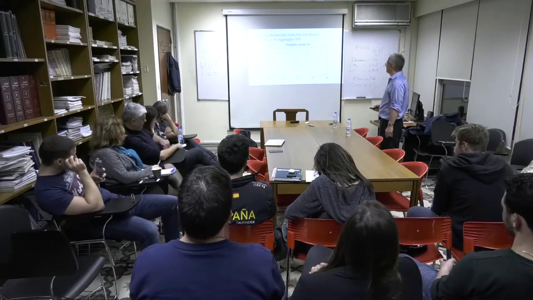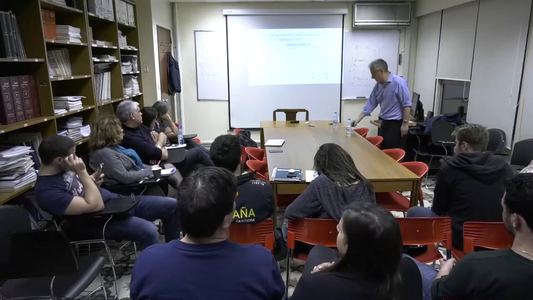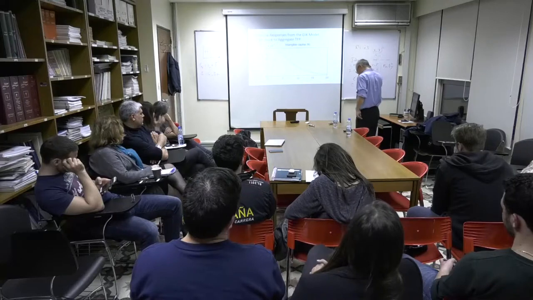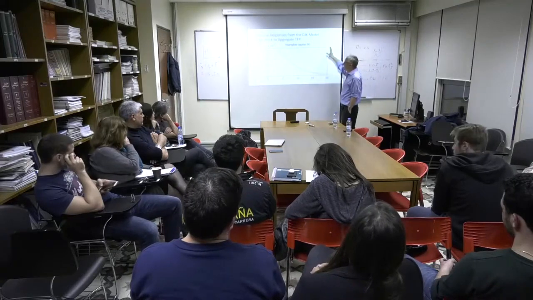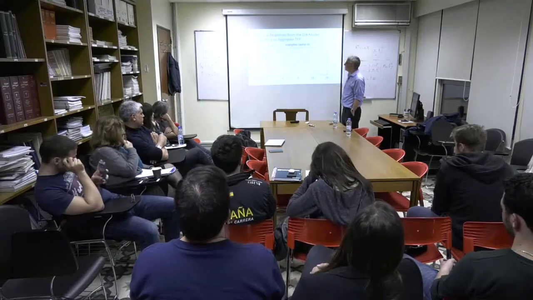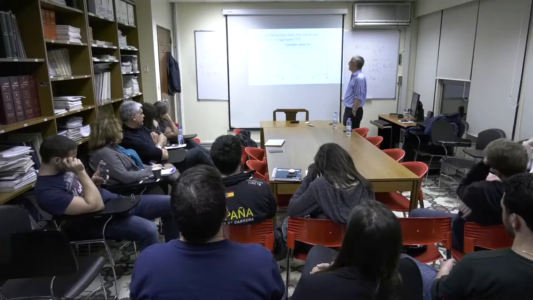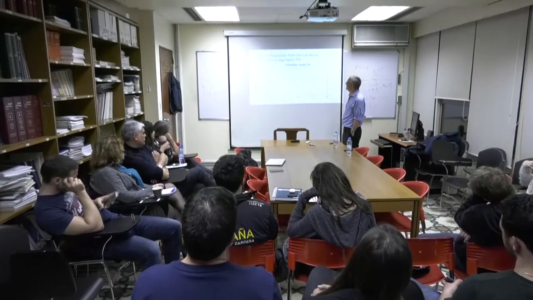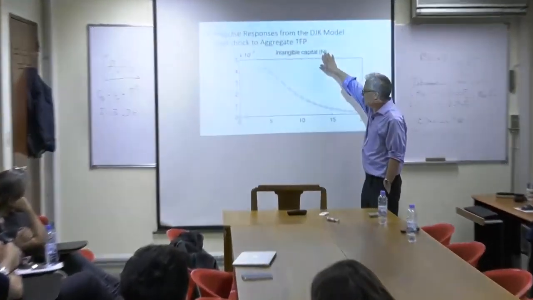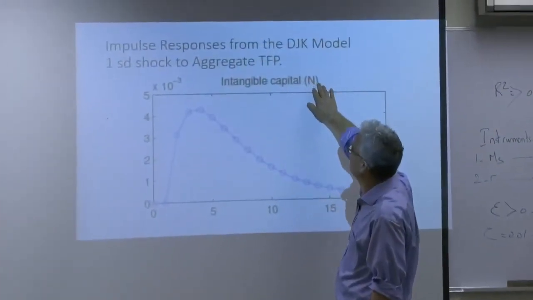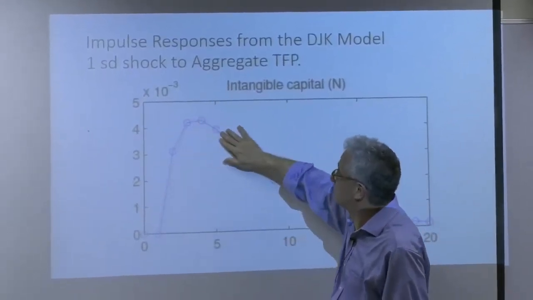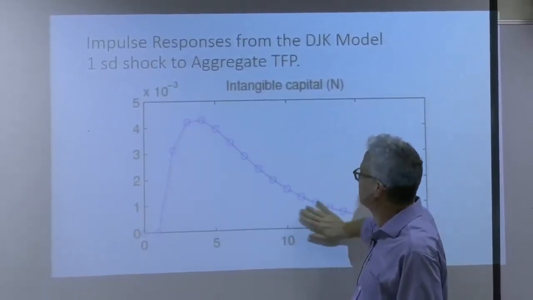Now in the model we have a full-blown DSGE model that I just summarized in words, and you could run what's called the impulse response function. So this is the total number of products and how it behaves according to shocks to aggregate TFP.